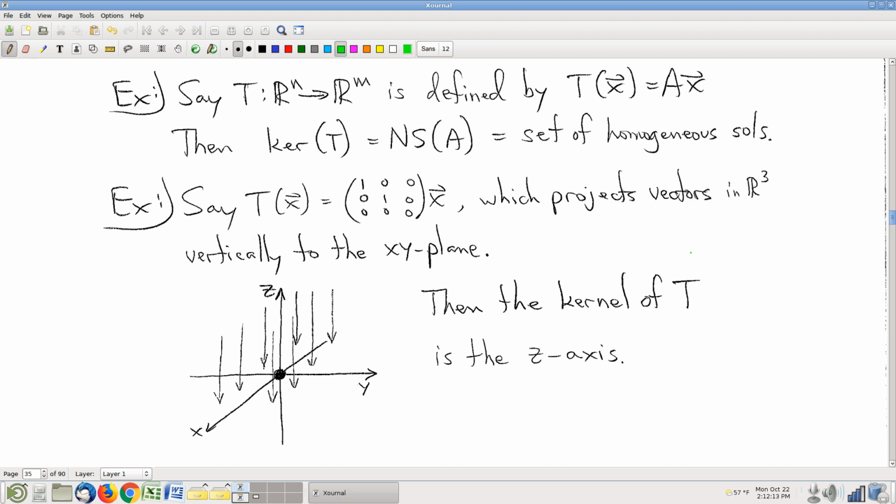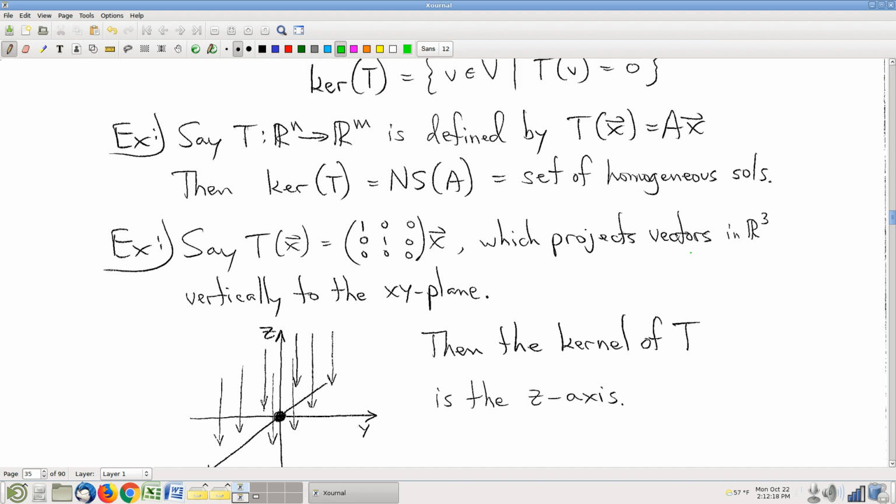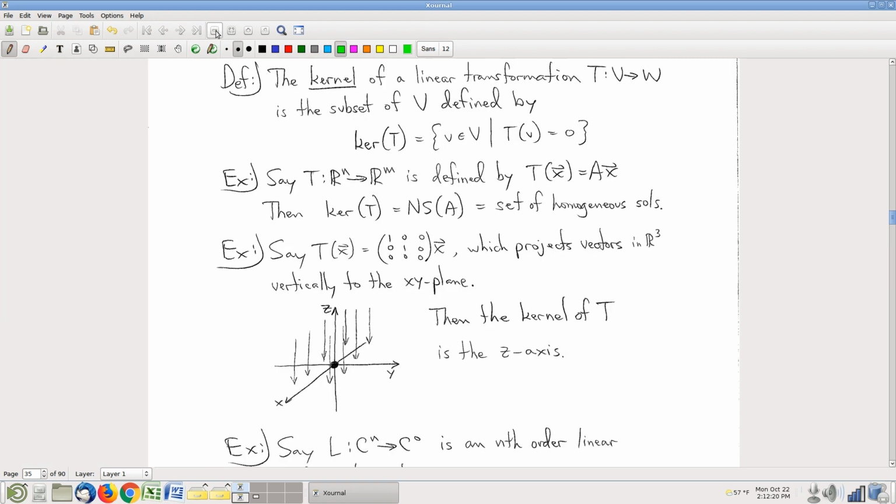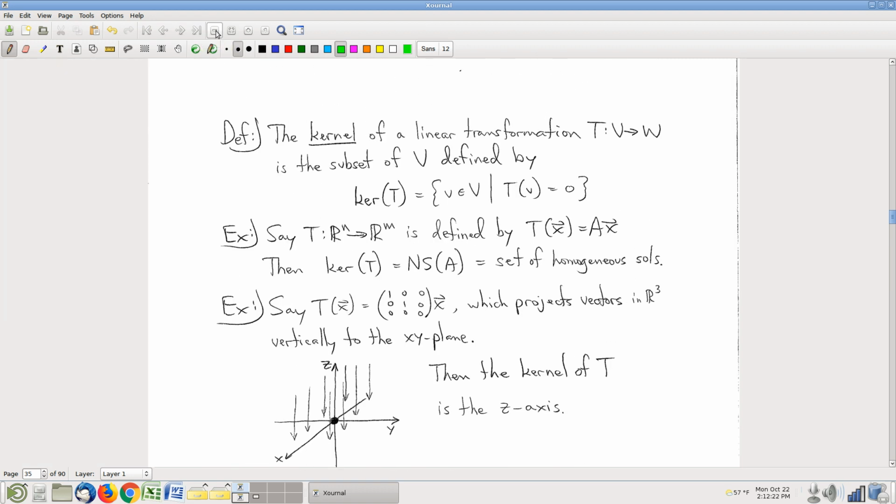All right. Okay, so what's the kernel? Let's see here. The kernel, recall, is the collection of all vectors whose image is 0. So there's 0.